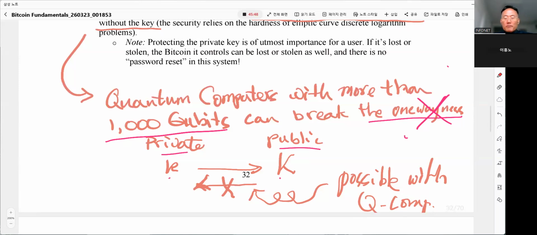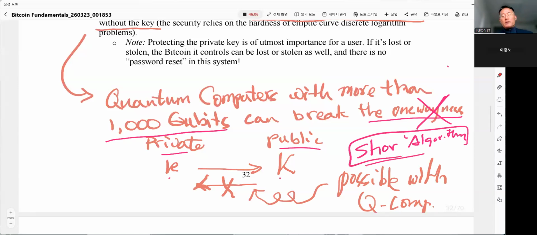So the inverse operation can be done with a quantum computer. Why? Because there is something called the Shor algorithm, which was invented in the 1980s at MIT.